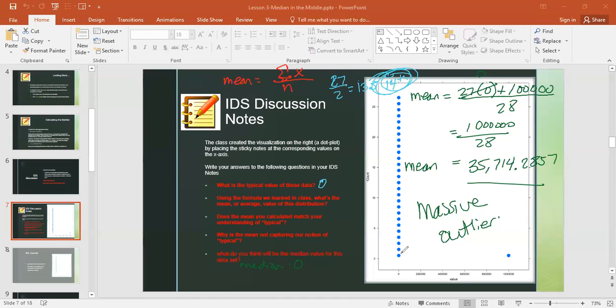Using this dot plot, 1, 2, 3, 4, 5, 6, 7, 8, 9, 10, 11, 12, 13, 14. Here we go. 14 is still at 0. So that means our median is going to be at 0 here.